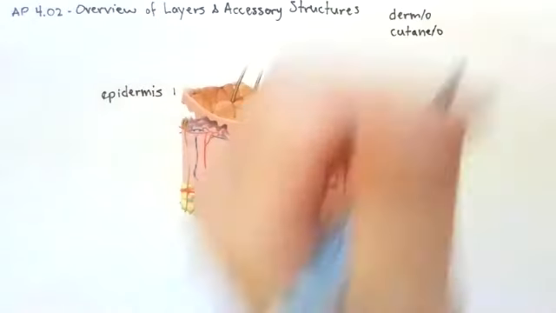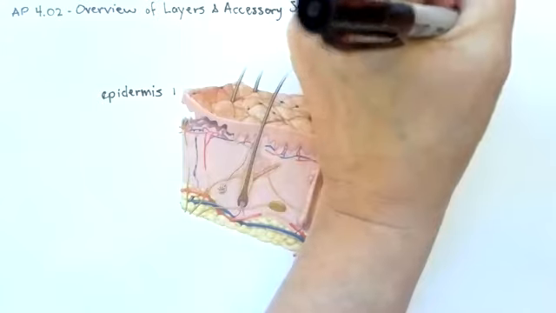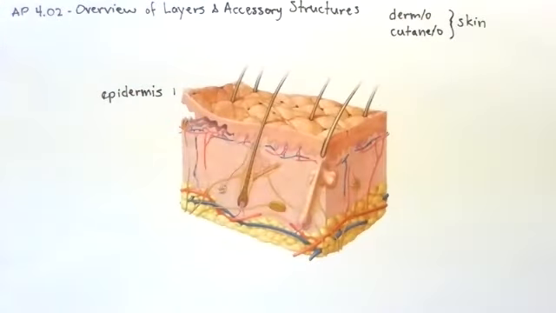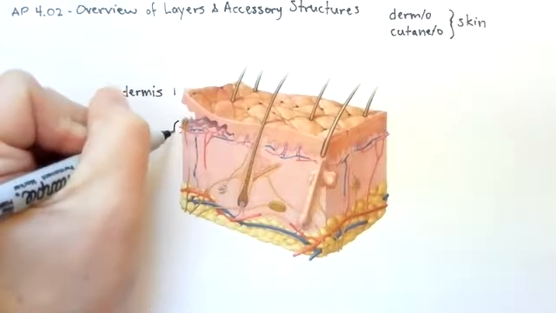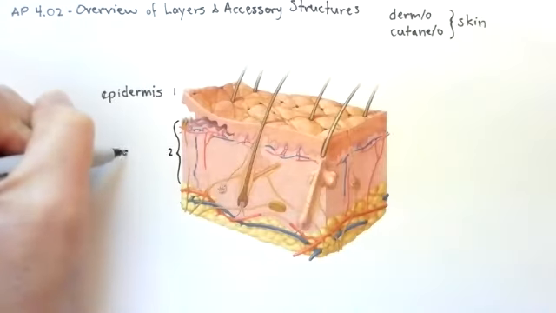I believe one is Greek and one is Latin, but they both translate to skin. You have had the prefix epi on one of your med terms lists, so you should understand that epidermis means lies above the dermis. The second layer, which is the thickest, is our dermis, so layer number 2.